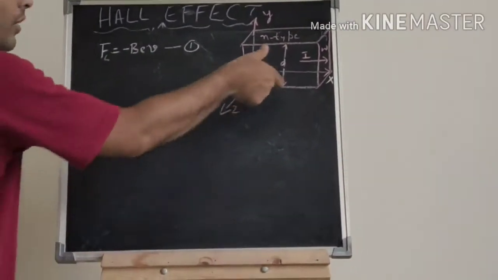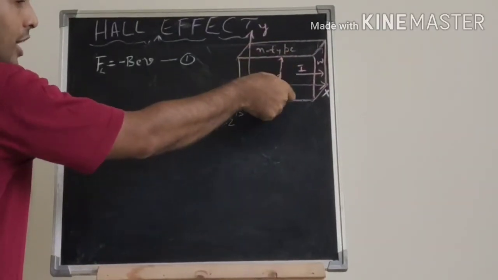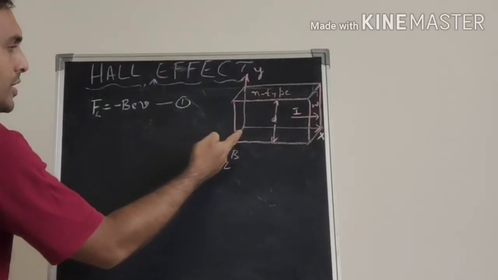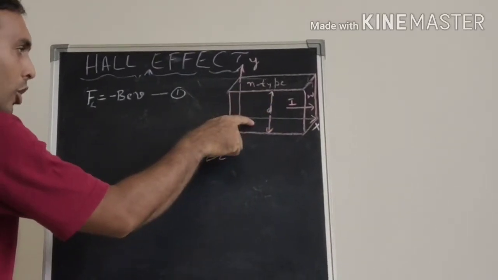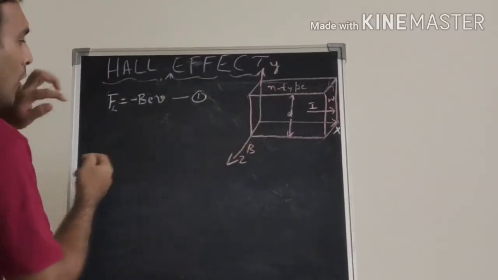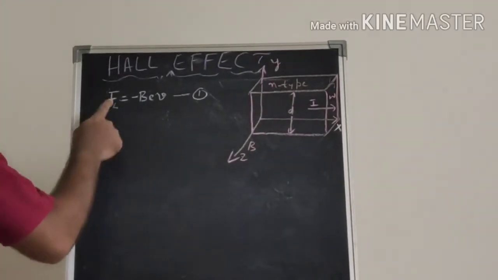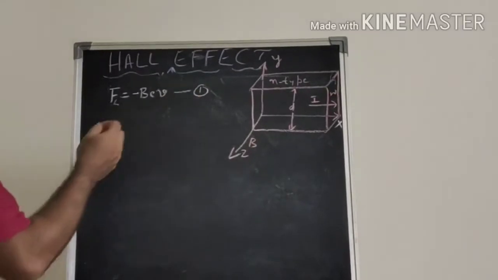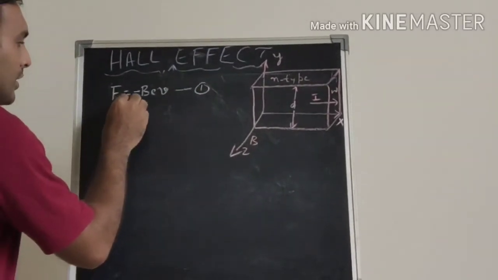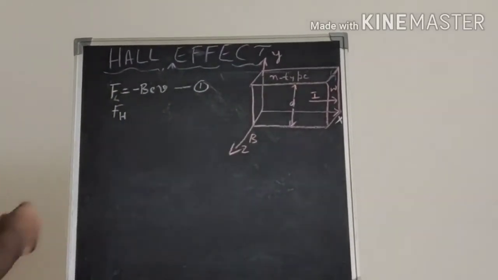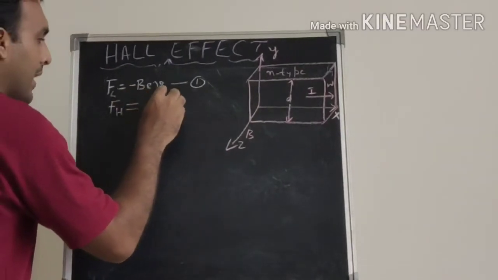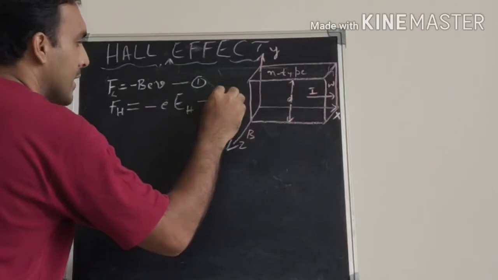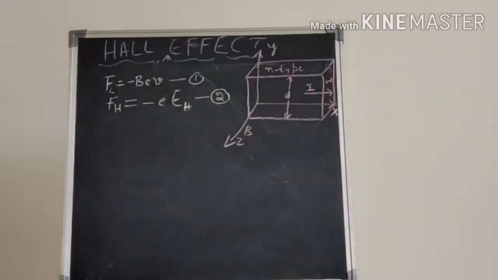Now, due to the development of the Hall voltage, there will be a force acting on the electron, and its direction is opposite to the direction of the Lorentz force. That force is called the Hall force, FH, and FH is equal to minus e into EH. Let us consider this as equation number 2.